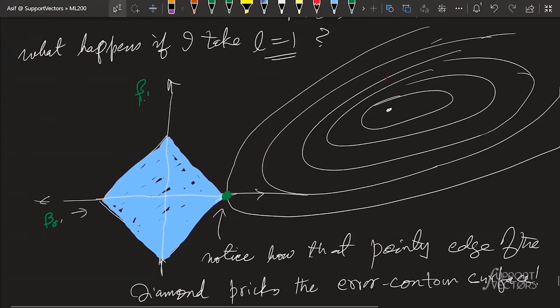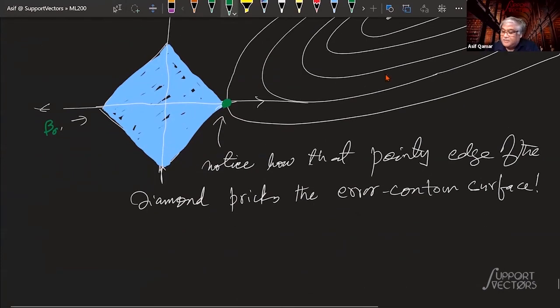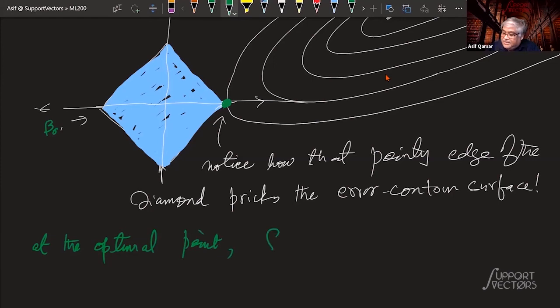So at the optimal point, beta naught will be some value, beta naught tilde, and beta 1 will vanish.